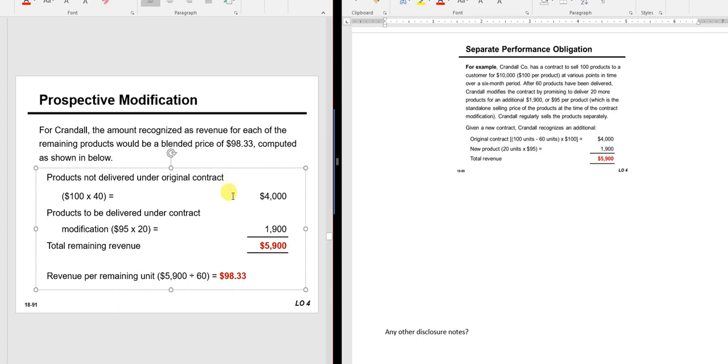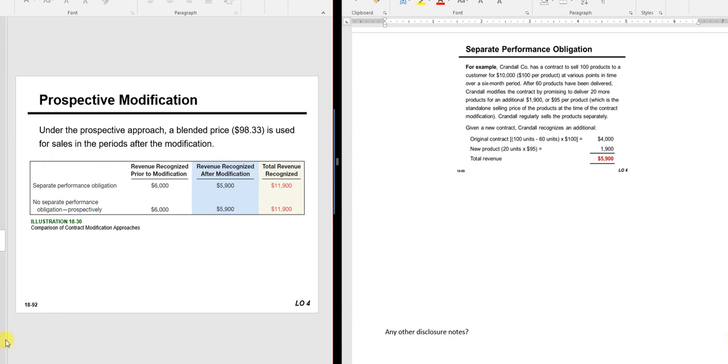So number of units is 40, $4,000. Number of units, 20, $1,900. Total of 60 products, $5,900. So now they're at $98.33. So our revenue recognition is now separate performance obligations.